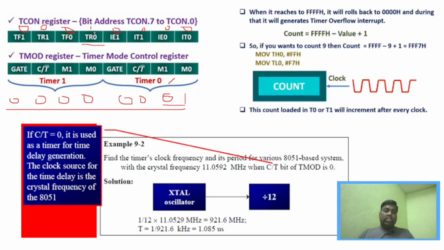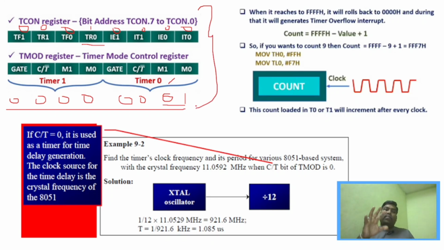We can also do this another way: we only have to enable this one bit, so we can directly give an instruction, SETB TR0. So this is very important to configure.